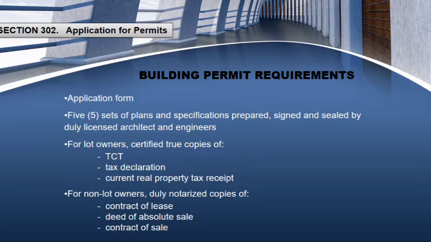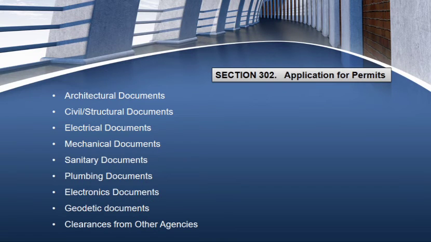And in case that the applicant is not the registered owner of the lot, or the non-lot owners, they are needed to pass duly notarized copies of contract of lease, deed of absolute sale, and contract of sale. Number 4, architectural documents.